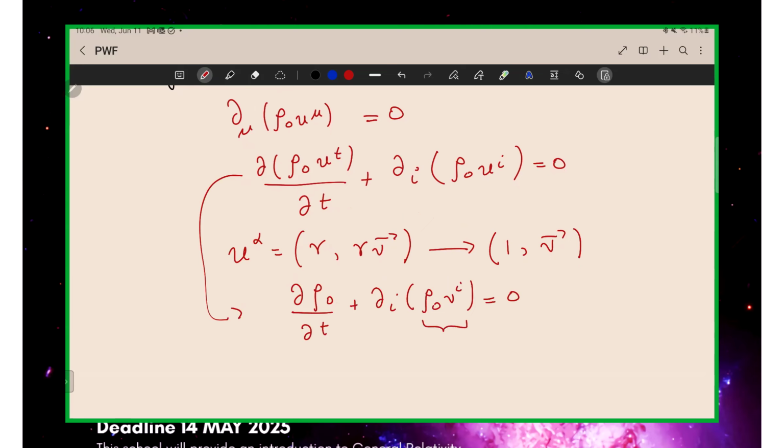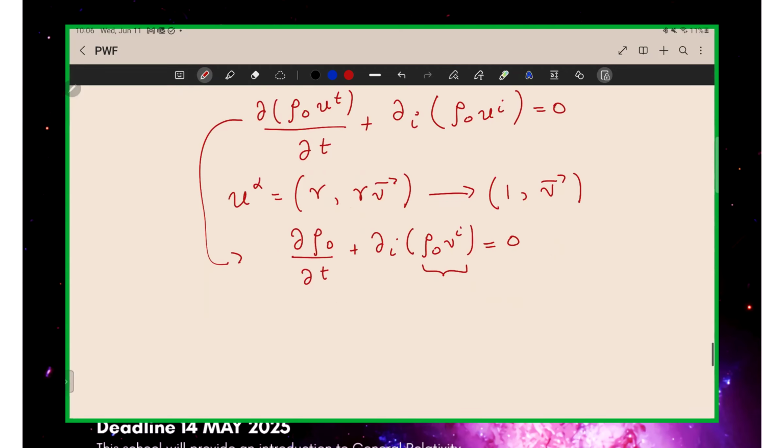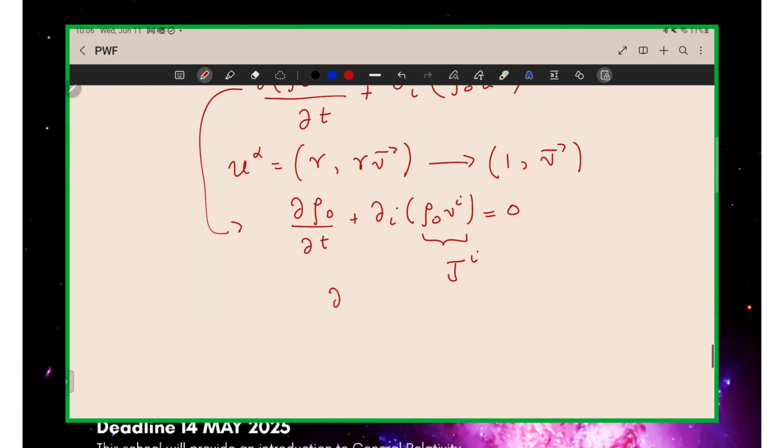Now, if you remember from physics 1, for example, energy density times velocity is also referred to as the energy current. So you can write this as J, and this structure that's appearing, you can write down like this.